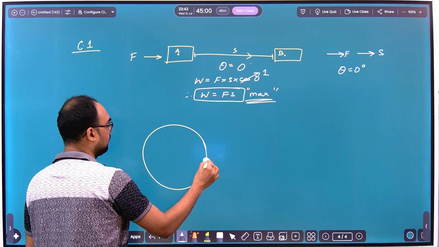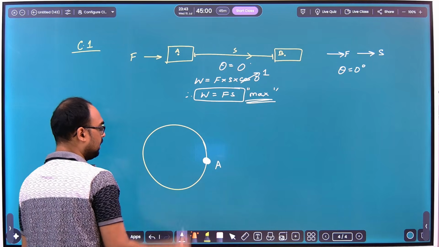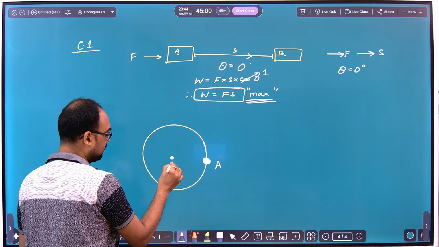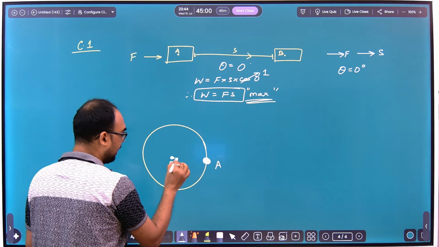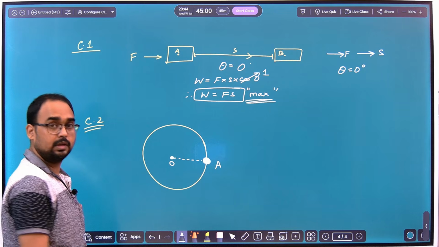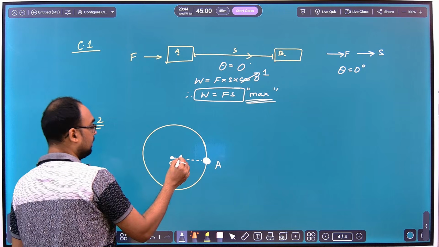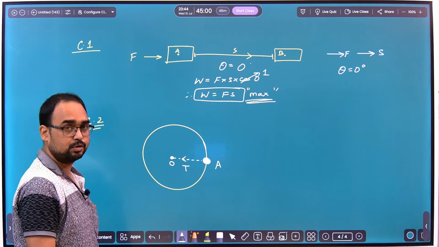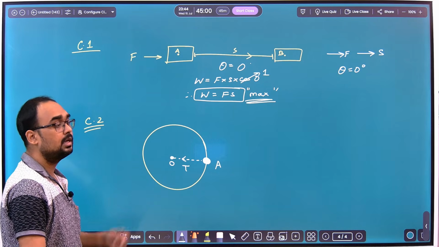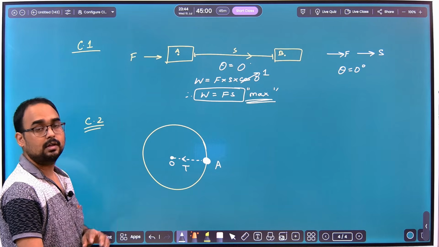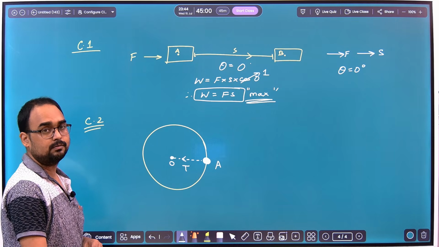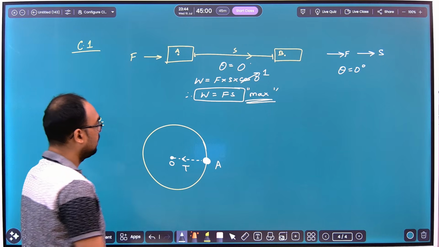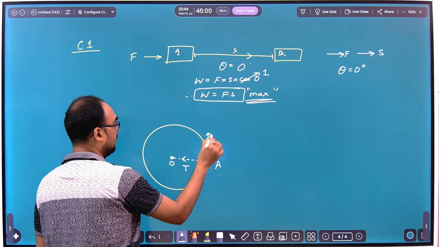This is the point A. This is the center, let's take it as O. It is tied through a rope. There is a tension force acting towards the center. This is known as the centripetal force. Those who don't know what centripetal force is, I would request you to go and see my first video on the previous chapter, force, to get a proper idea of what centripetal force is. And the body's displacement is in this direction.